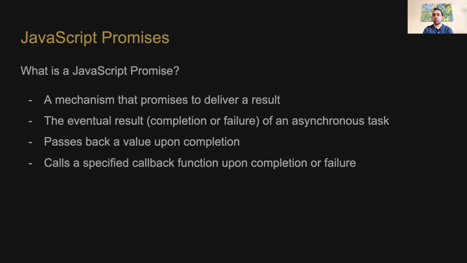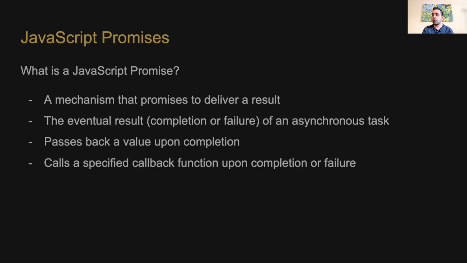But let's talk about what a JavaScript promise is. Very similar to the idea of a promise, a JavaScript promise is a mechanism that promises to deliver a result. The result may be a completion, as in you successfully did your task, or even a failure. Going back to our friend's example, in the case where Kyle couldn't find the answer or the answer didn't exist, you might return an error saying there's no answer to your question, or cannot locate the answer.